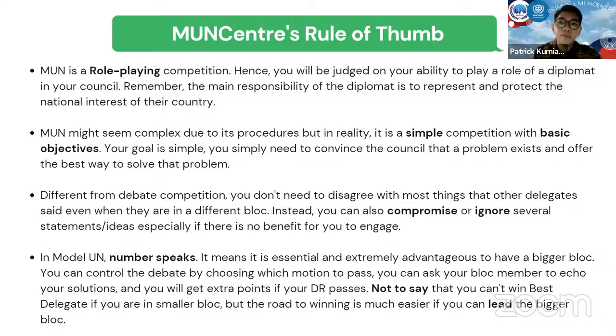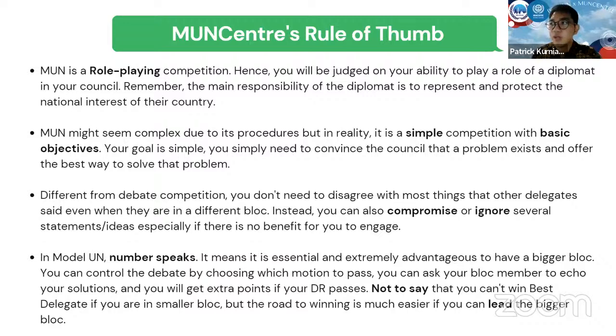And then don't forget that you're also a diplomat, which means you have to act like one. Often I met a lot of delegates who are very stubborn in a lot of ways. Stubborn is fine, but sometimes in a not polite way, especially to other delegates. And I feel like those delegates are missing the point of MUN because you're not there to prove that you are right or other people are wrong, but you are there to play the role of a diplomat.